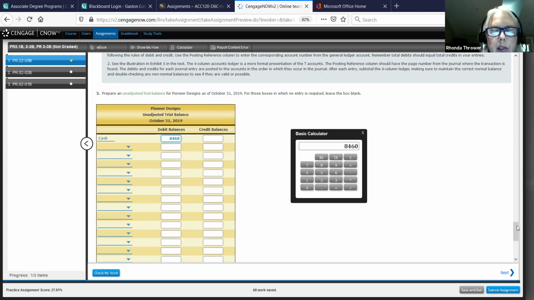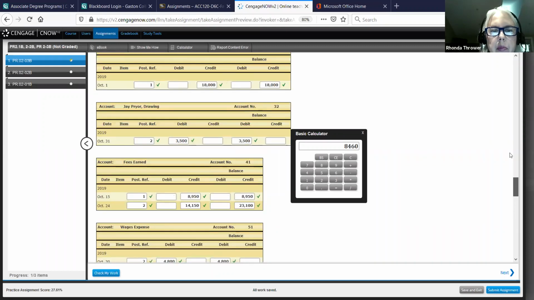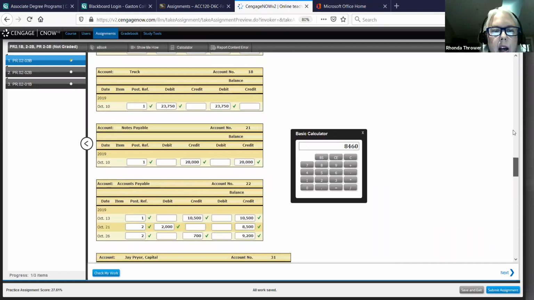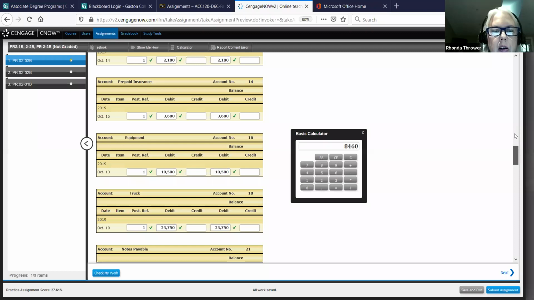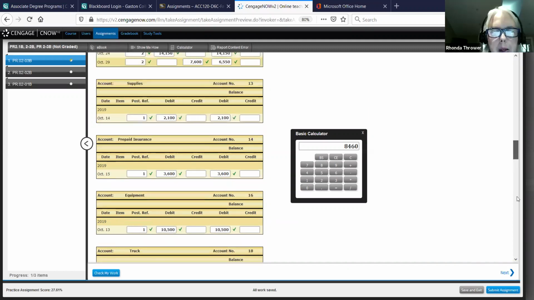I just copied that from my ledger account. Once I'm through with my cash, copying it in there, then I'm going to move to my accounts receivable account. That's the next one. Accounts receivable has a balance of $65.50.